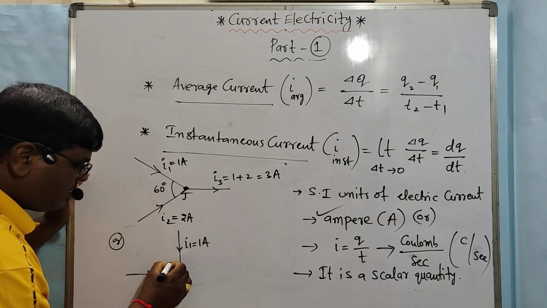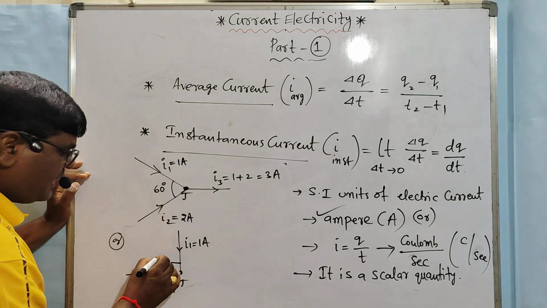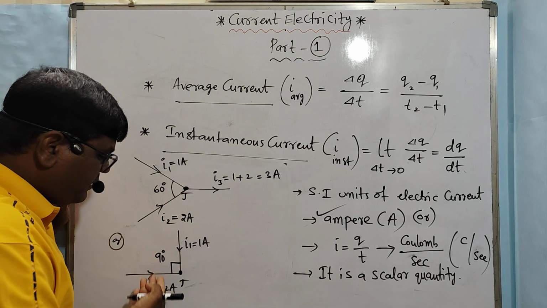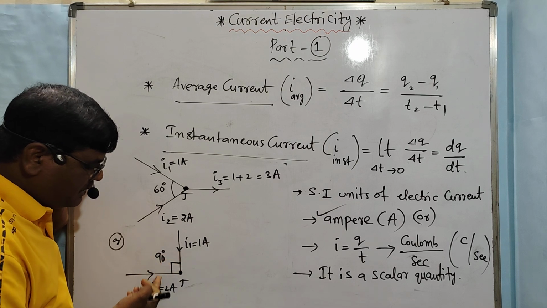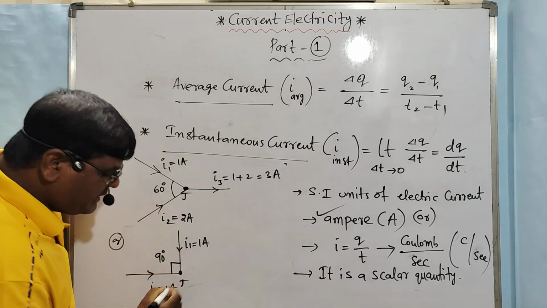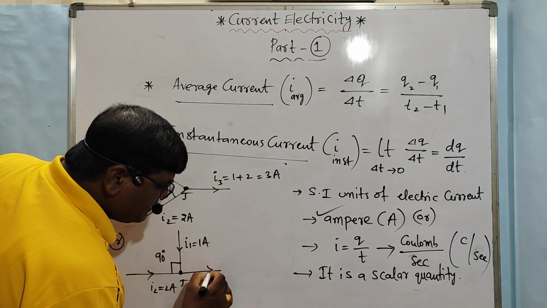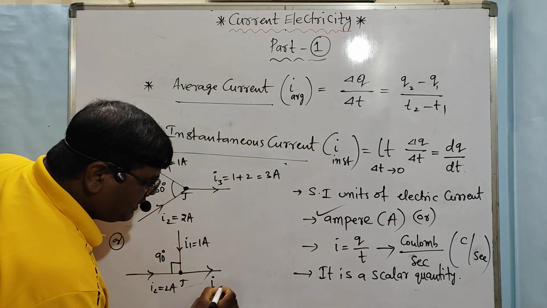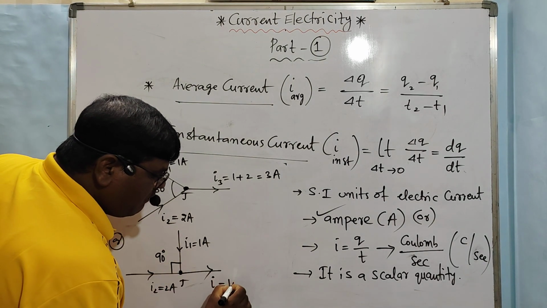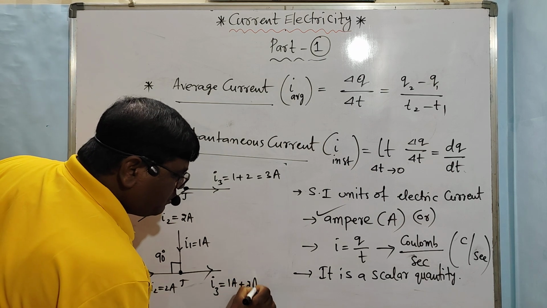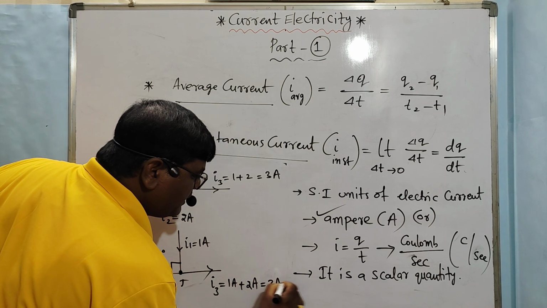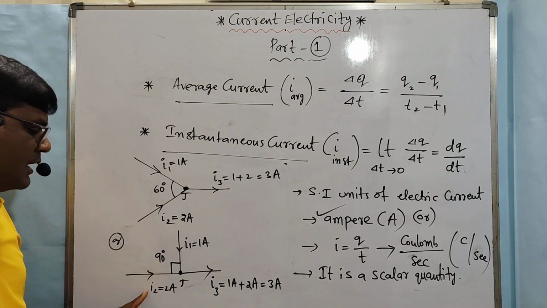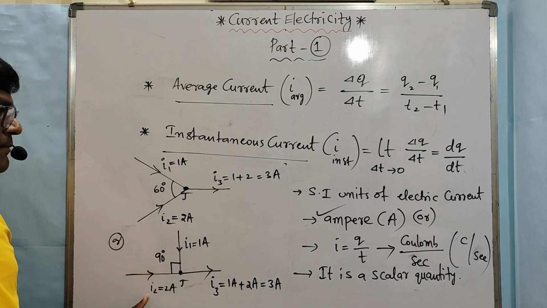But the angle I am changing here, it is 90 degrees. Even though the angle between these two currents is 90 degrees, the current coming out from this junction, I3, is always equal to 1 ampere plus 2 amperes, that is equal to 3 amperes only. It is independent of the angle between the two conductors, right?